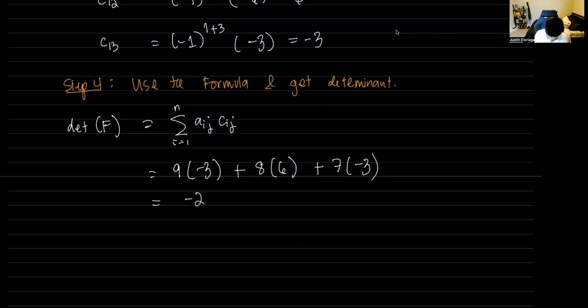So you have -27 plus 8 times 6 is 48, minus 21, and you get 0. So the determinant of this matrix is equal to 0.